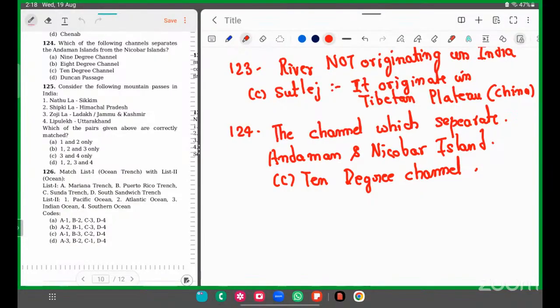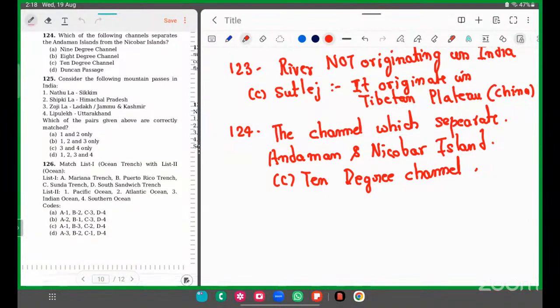Whatever has La added in the end means that it is a pass through the mountain. Third, Zojila, which is present in Ladakh, Jammu Kashmir, is also correct. And the fourth, Lipulekh, which is present in Uttarakhand, is also correct. So all the statements are correct, and answer D will be the answer.